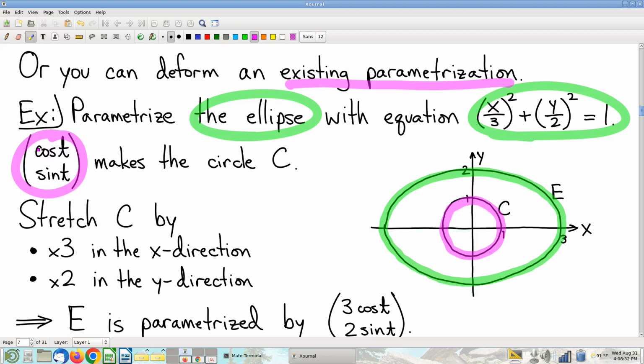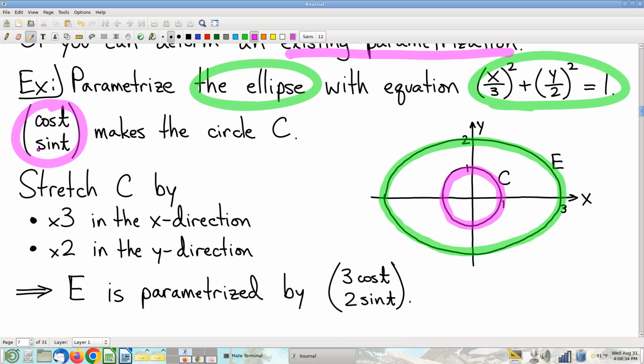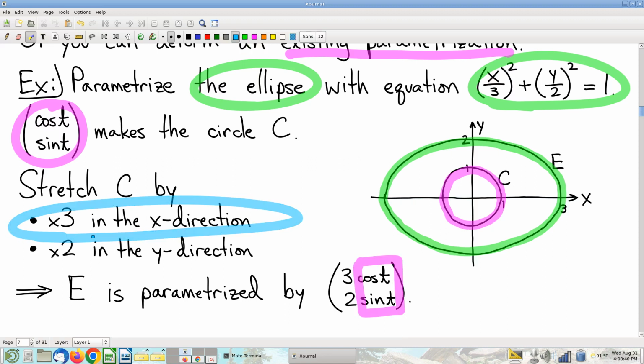So all I'm going to do is take my existing parameterization. I need to stretch in the x direction by a factor of 3. And so I'll do that by literally multiplying all the x coordinates by 3. And then I need likewise to stretch in the y direction by a factor of 2.